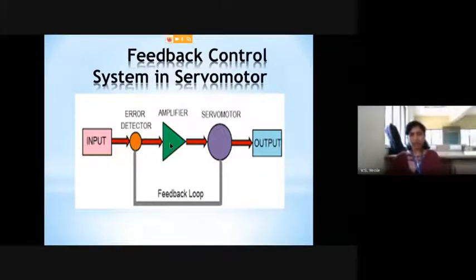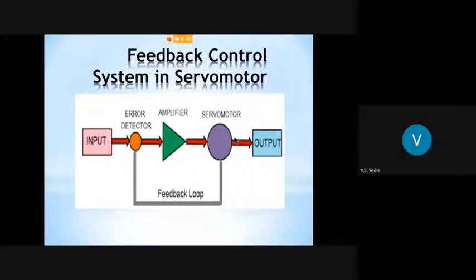The amplifier will give the signal to the servo motor to reduce the speed by 500 RPM. So we will get the output as 1000 RPM. So this is the use of feedback.